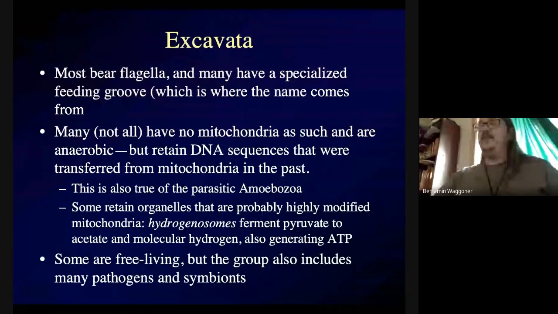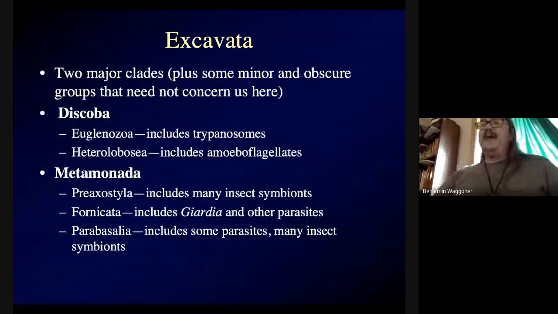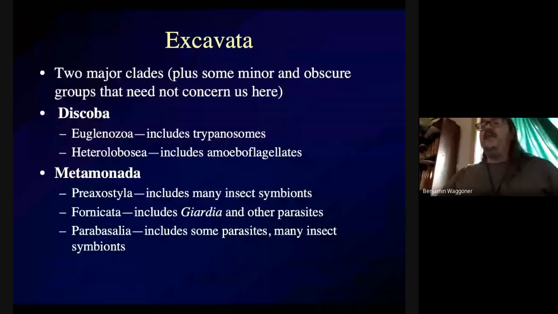So this is the second really big parasitic protist group that we're going to focus on. There's two major clades, and I'm not going to say much about the basis of this classification because it tends to involve DNA sequences and some ultrastructural things.